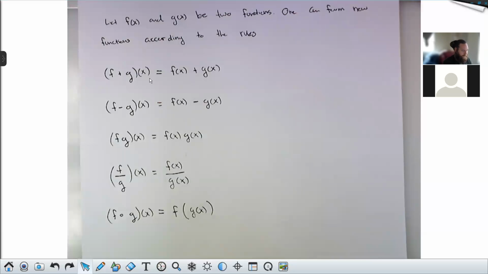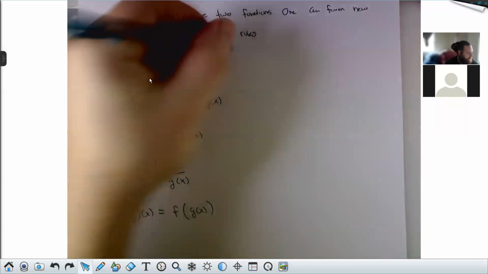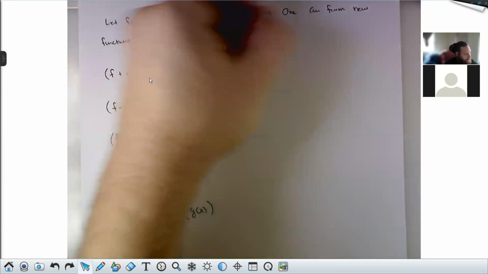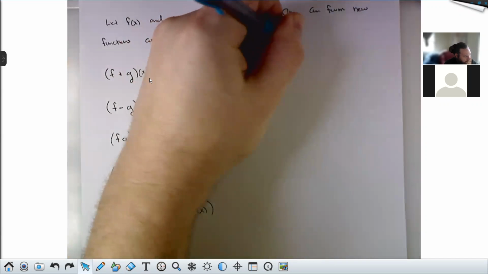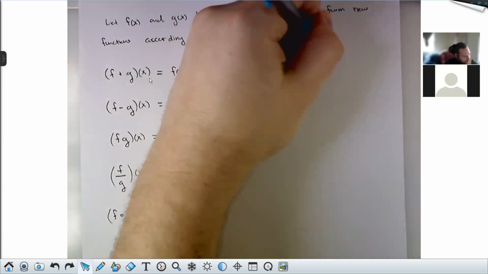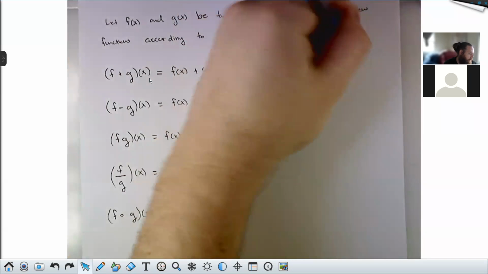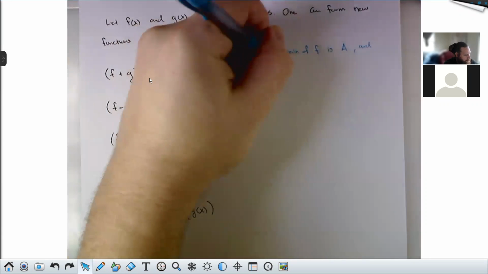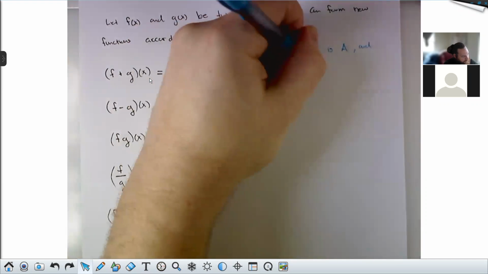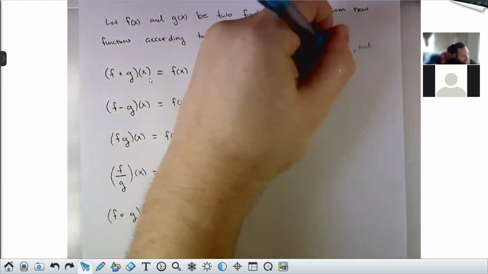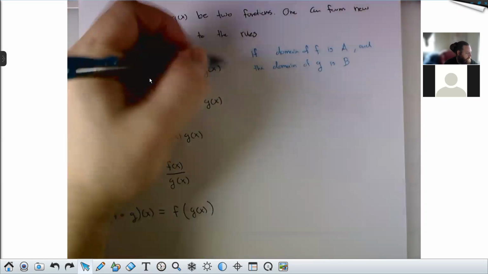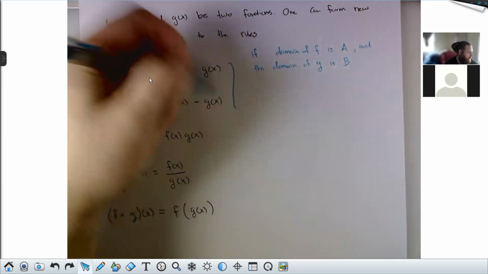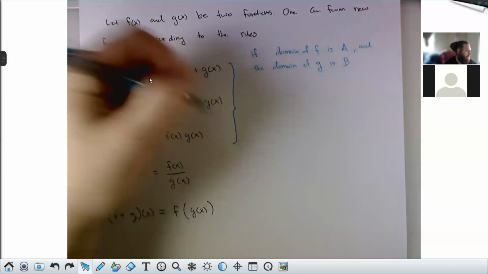So let me go ahead here and say this: if the domain of f is the set A and the domain of g is the set B, then these first three, there's a nice rule for the domain of each of these.